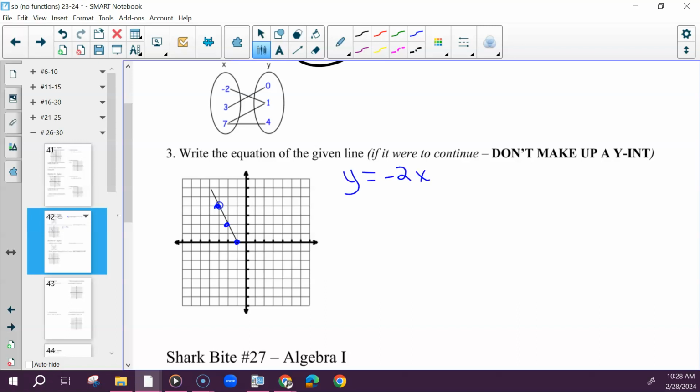If I kept going down 2 to the right one, I would end up at -2, so my equation would be y equals -2x minus 2. If you were to do that in Desmos, you'd have to find a point that it goes through, put that into Desmos, type in your y equals mx plus b, change the m to -2, and then move it so it goes through that point to find your new y-intercept.